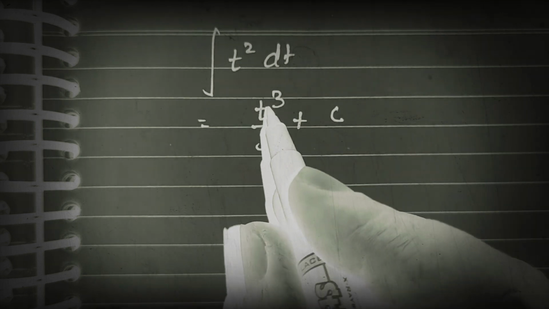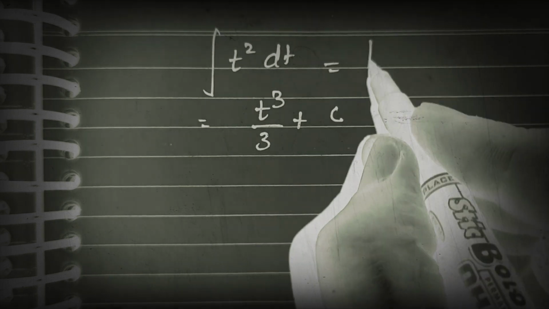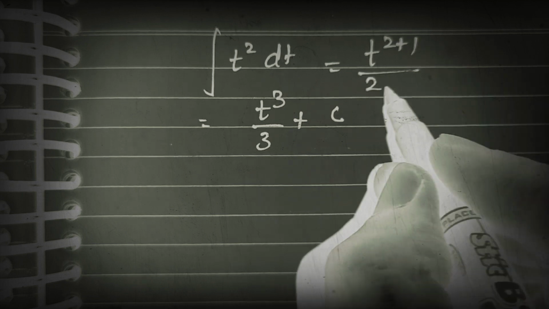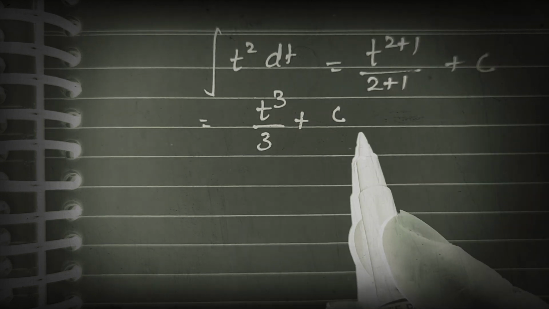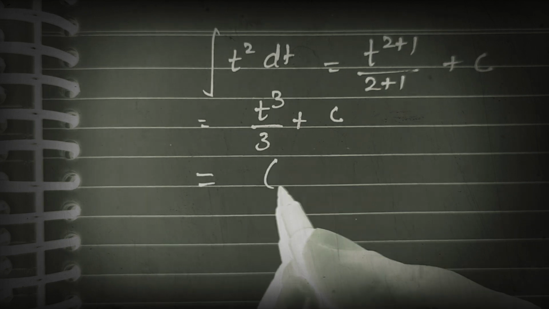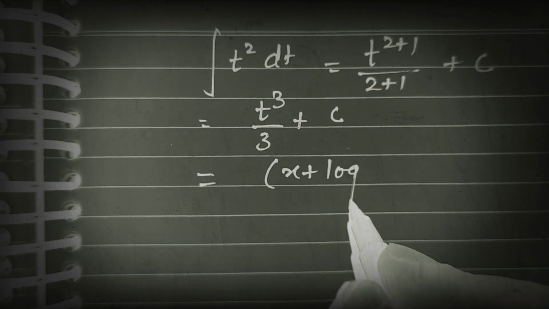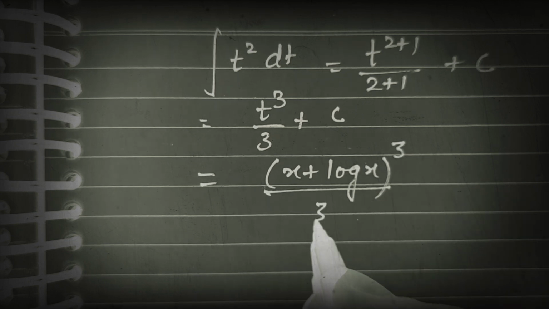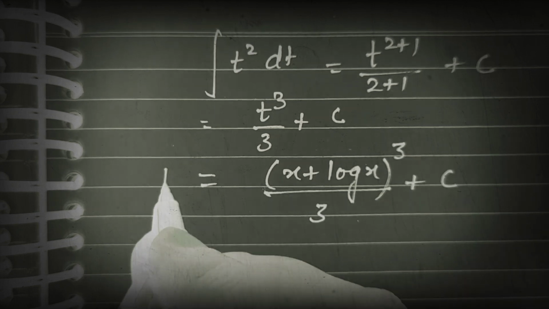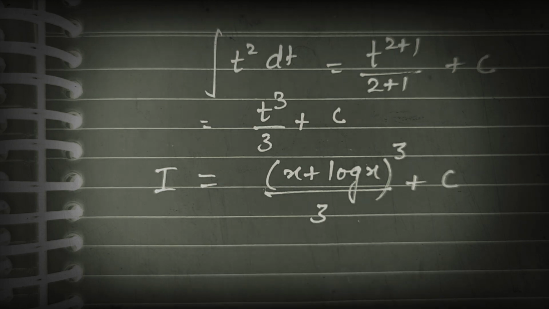Its integration is t raised to power 2 plus 1 upon 2 plus 1 plus c. So it is t raised to power 3 upon 3 plus c. So what is t here? t is x plus log x. So the answer is (x plus log x) whole power 3 upon 3 plus c. This is the answer of this part.